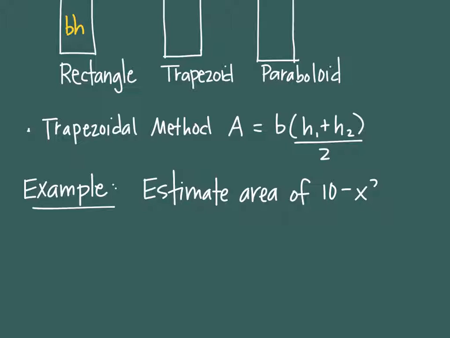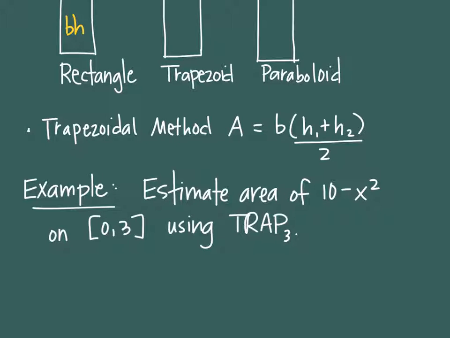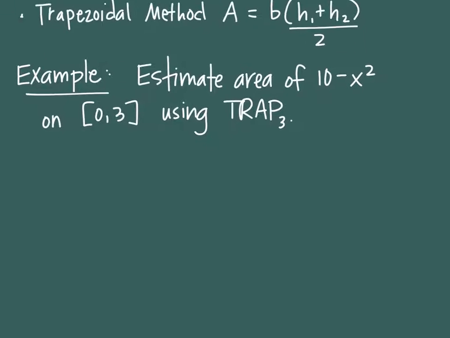Okay, I have 10 minus x squared on 0 to 3 using trap sub 3. Okay, that subscript indicates how many divisions of intervals you're going to separate this into. So I'm going to make it easy on you. We're going to go from 0 to 3, and then we're going to just divide that up 3 times. So that all works out really nicely.